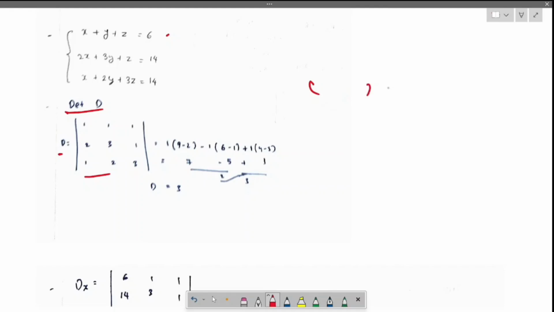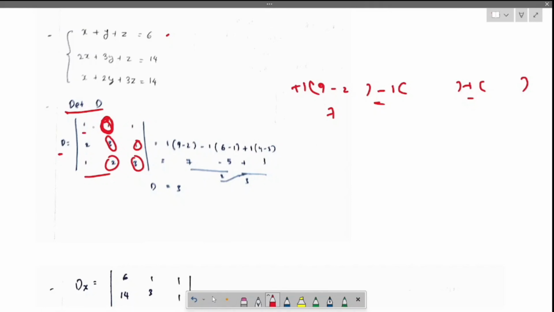I will give you the clarity. I have written plus, minus, plus, and I have taken the brackets. First write the 1 here: 3 into 3, 9, minus 1 into 2, 2, which is 7. In the same way, for the next 1, when you take it you need to ignore this row and column.